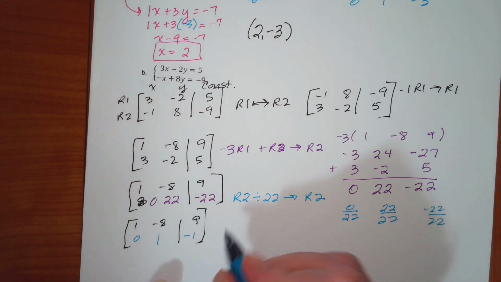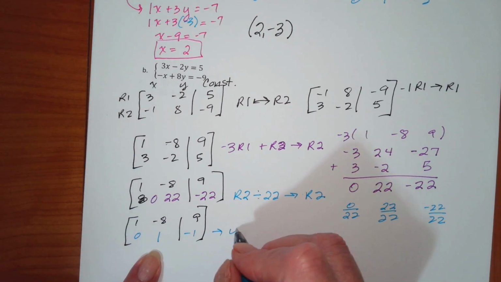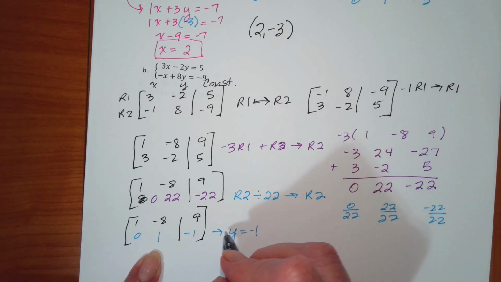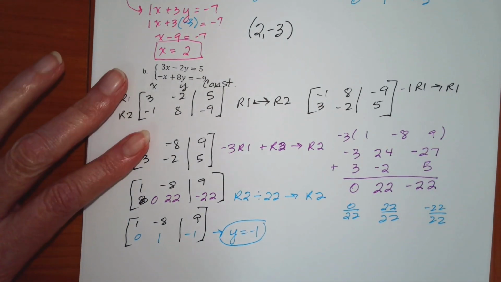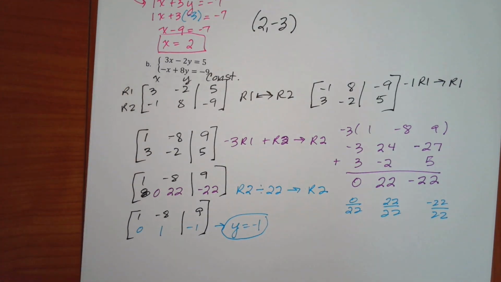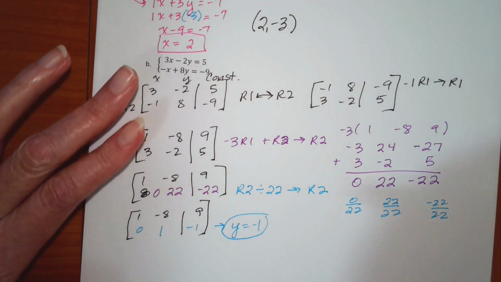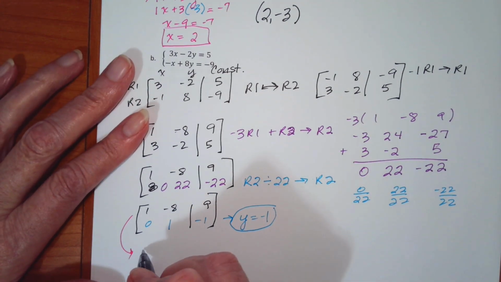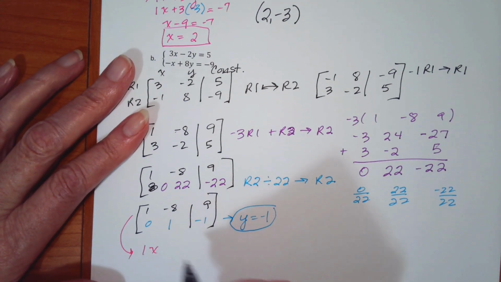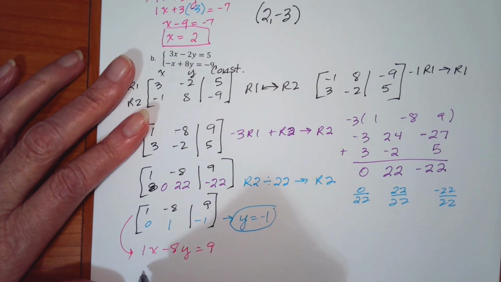Okay, so what happens from here is this tells me that y is equal to -1. So I will combine that with my first row here. That gives me 1x minus 8y is equal to 9.